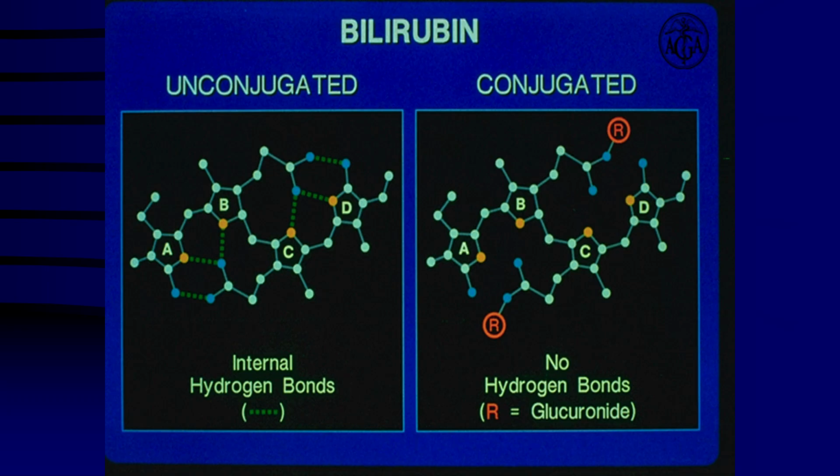Conjugated bilirubin, on the other hand, is water soluble, does not need to be transported bound to a protein, and can easily be filtered by the kidney. You do not need to remember those formulas. You just need to understand the difference between unconjugated or indirect bilirubin and conjugated or direct bilirubin.